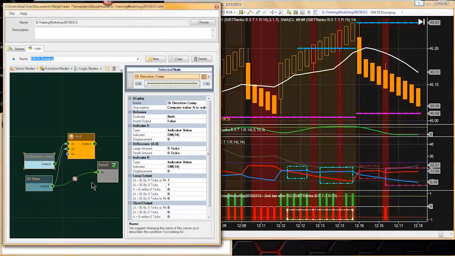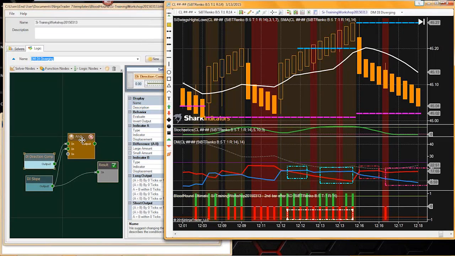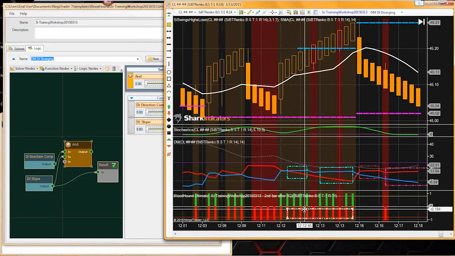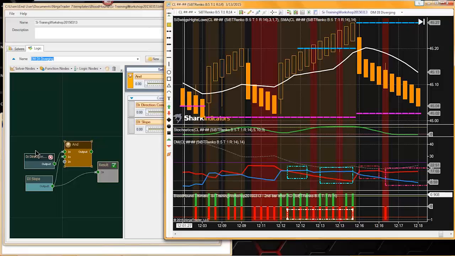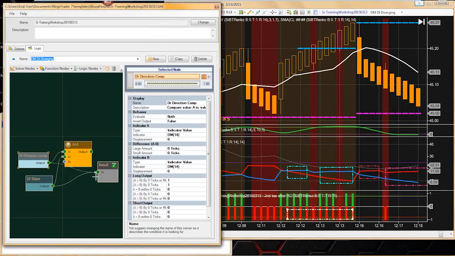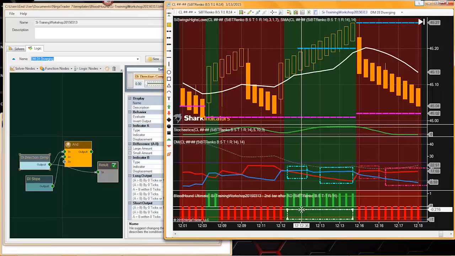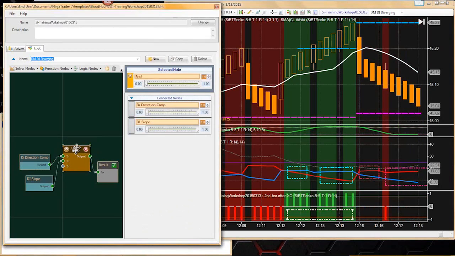The slope solver gives us both at the same time, but the AND node removes the short output because our comparison solver doesn't have a short output there.